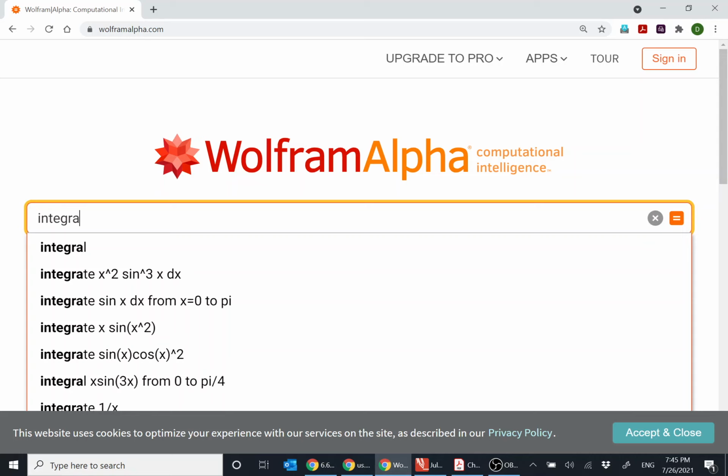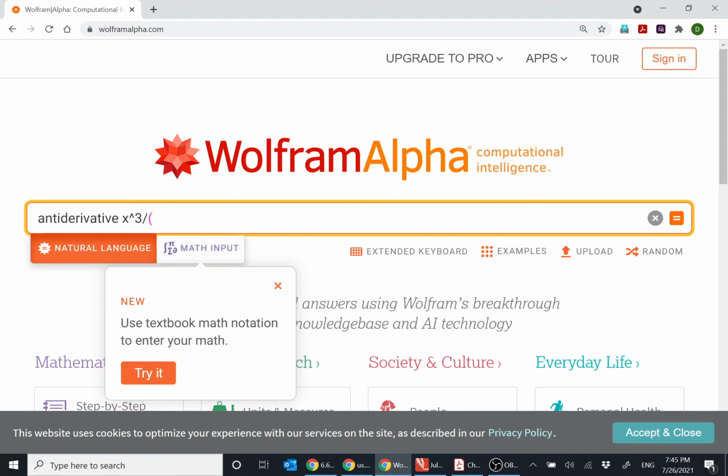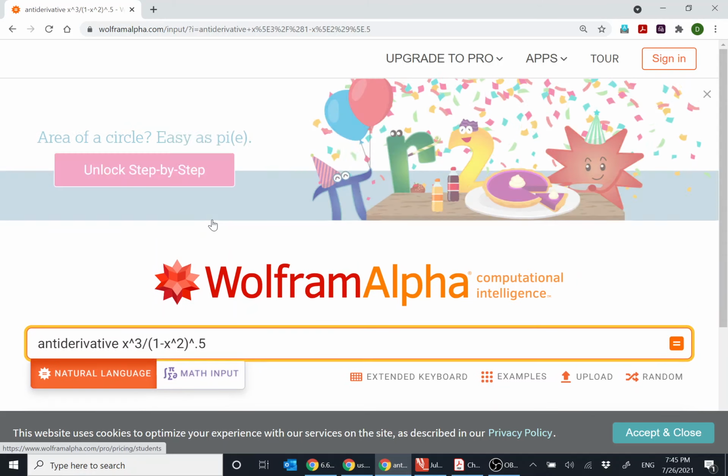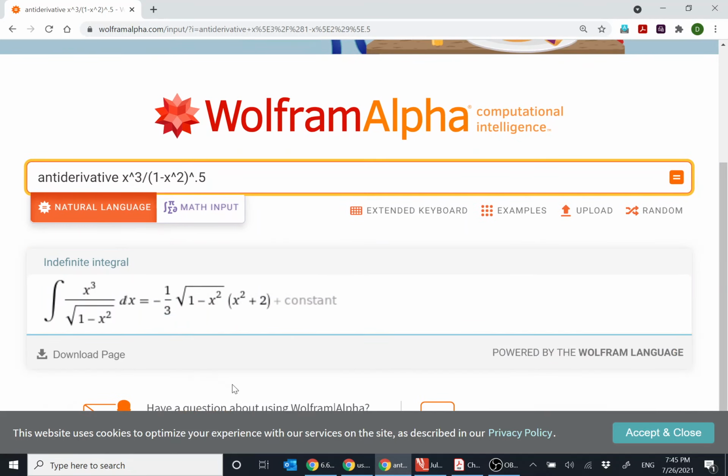So the integral, antiderivative of x to the third divided by 1 minus x squared to the 0.5. So that is minus 1/3 square root 1 minus x squared.